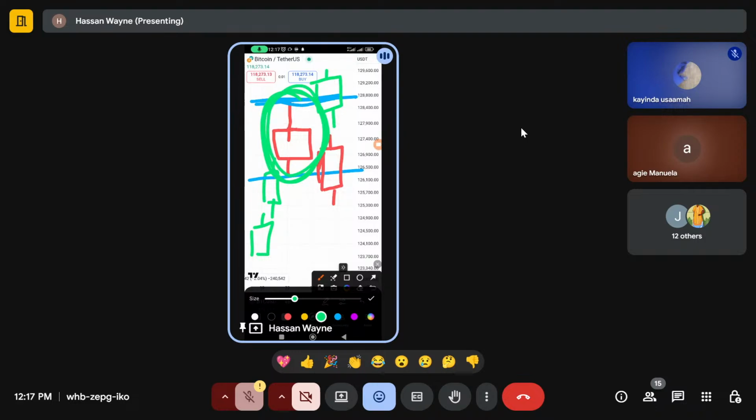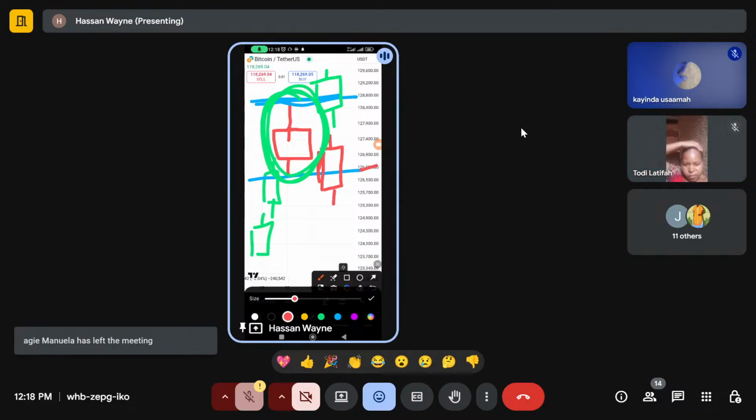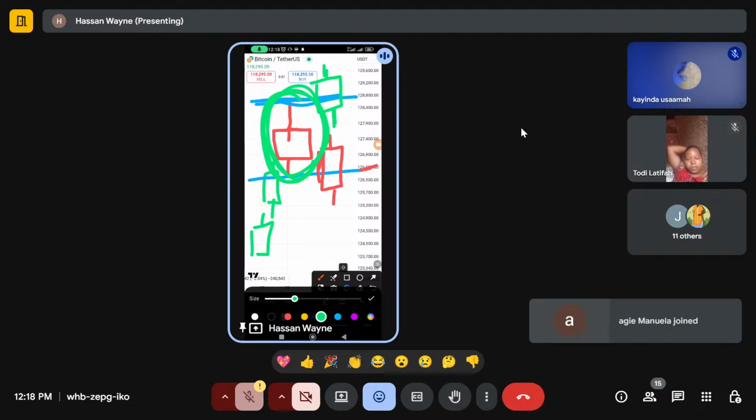So always, when you are entering the market, first draw your support and resistance and wait for the confirmation candle. The confirmation candle might be bullish or bearish. If it is bearish and it breaks my support here, it means this reversal is going to be true. But when it forms and breaks my resistance, it means the sellers are trying to fake us.